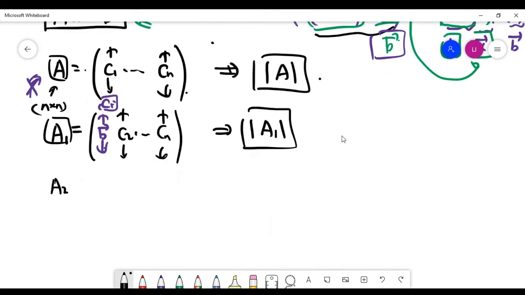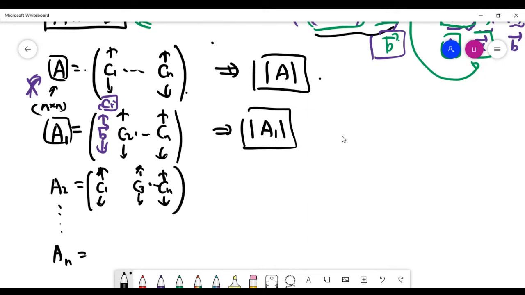And similarly, you can define all the other matrices A subscript 2 up to An. And the definition is quite clear. For example, for A2, you can keep all the columns unchanged, except column 2. And column 2 you need to replace by the column vector on the right hand side.